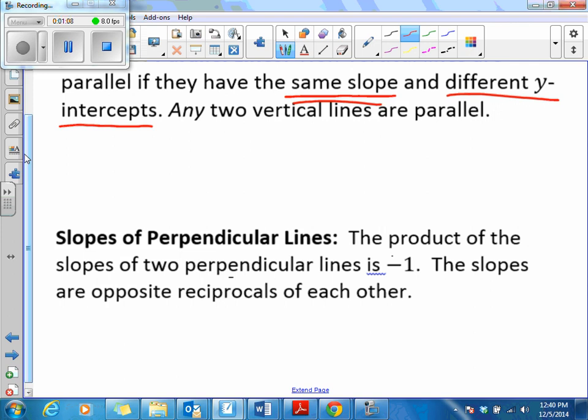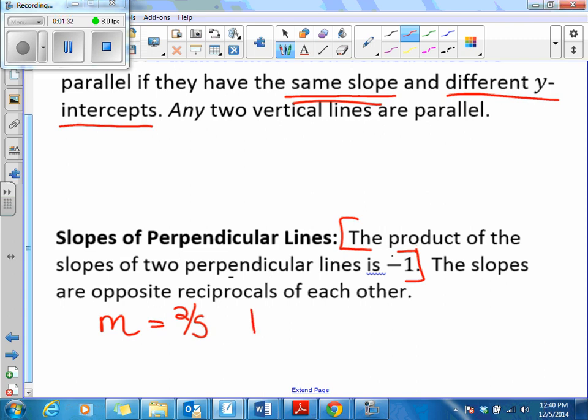Slopes of perpendicular lines: the book definition of a perpendicular line says that the product of the slopes is -1. That's kind of confusing, but this is what I want you to think about. If you have a line that has a slope of 2/5, the definition that I like to use is that their slopes are opposite reciprocals.